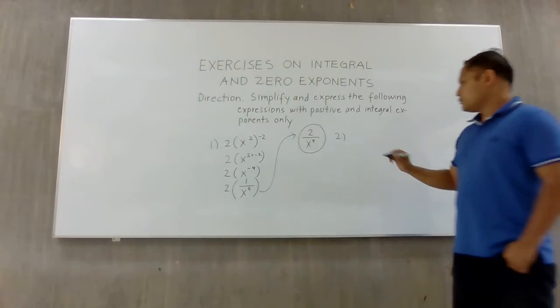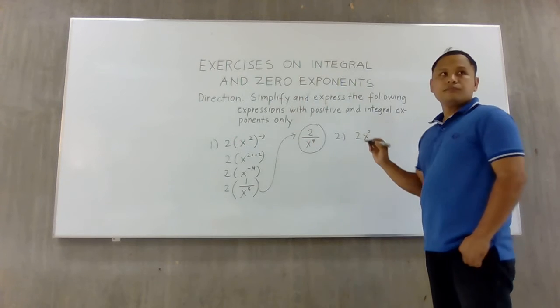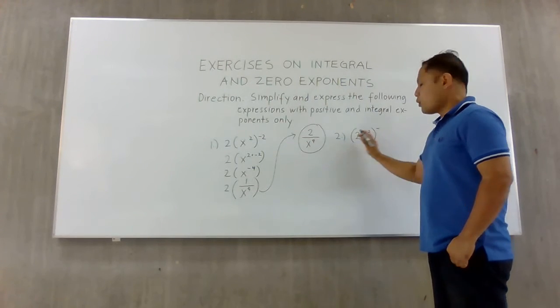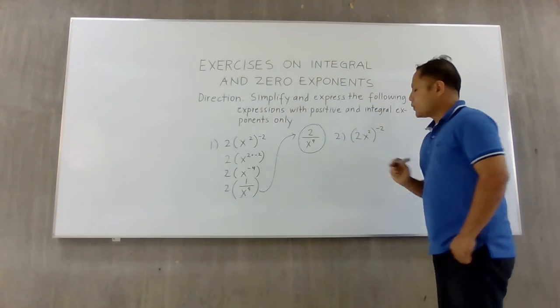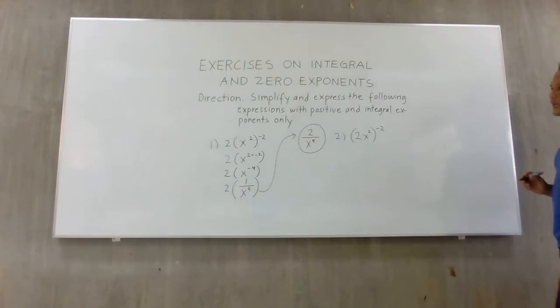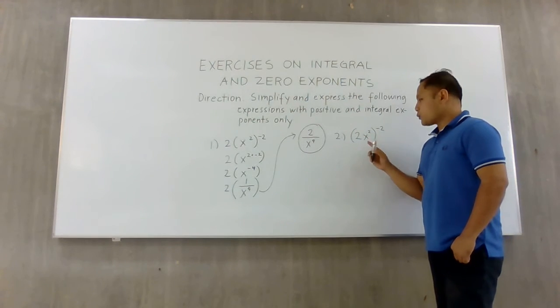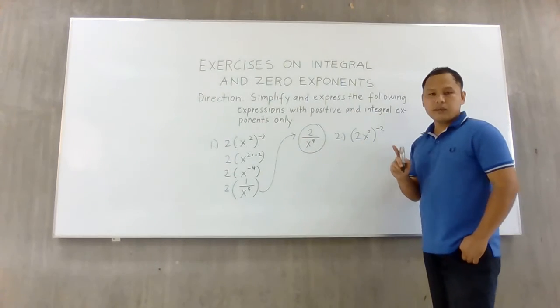Number 2. Let's have 2x squared, this whole quantity raised to the power of negative 2. How do we simplify that? Notice that inside the parentheses we have an expression which is purely multiplication.